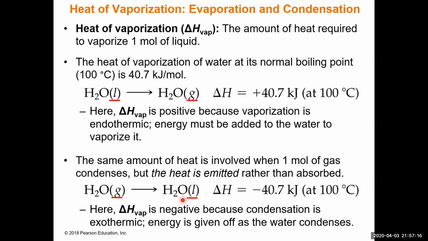And we see here that the amount of heat is going to be the same value, but now a negative 40.7 kilojoules. So here, delta H vaporization is negative because condensation is exothermic, which means that heat is given off as the water condenses.